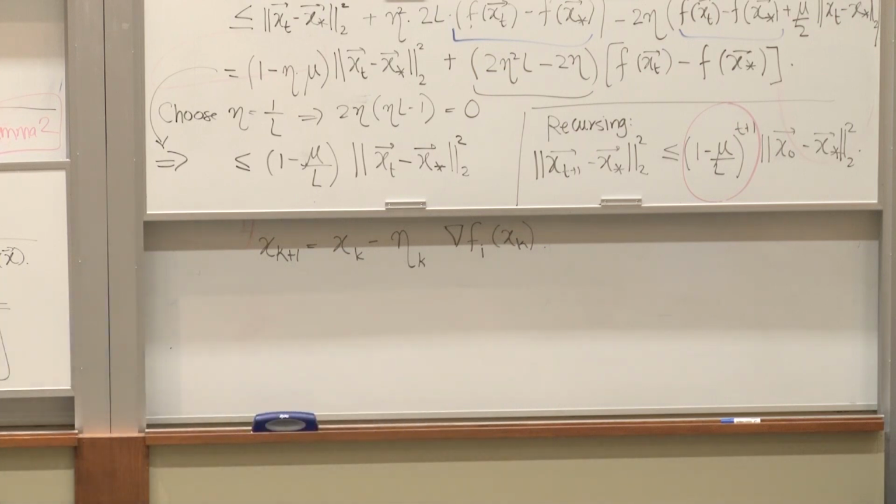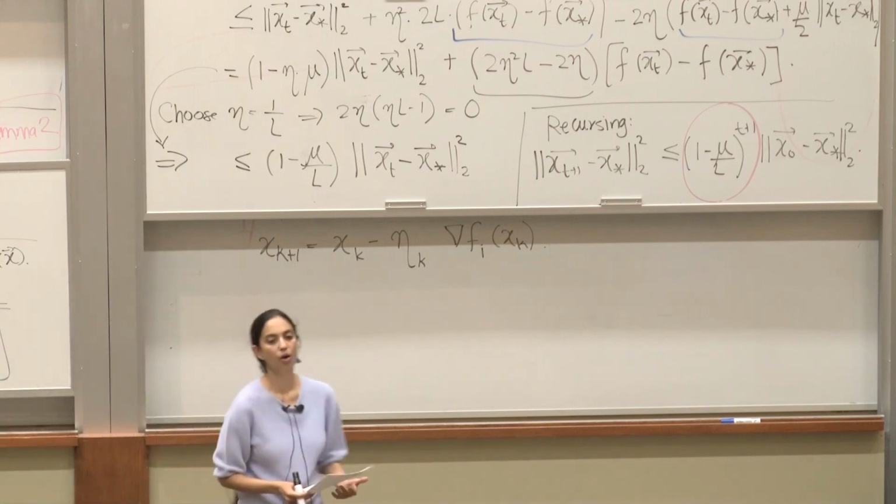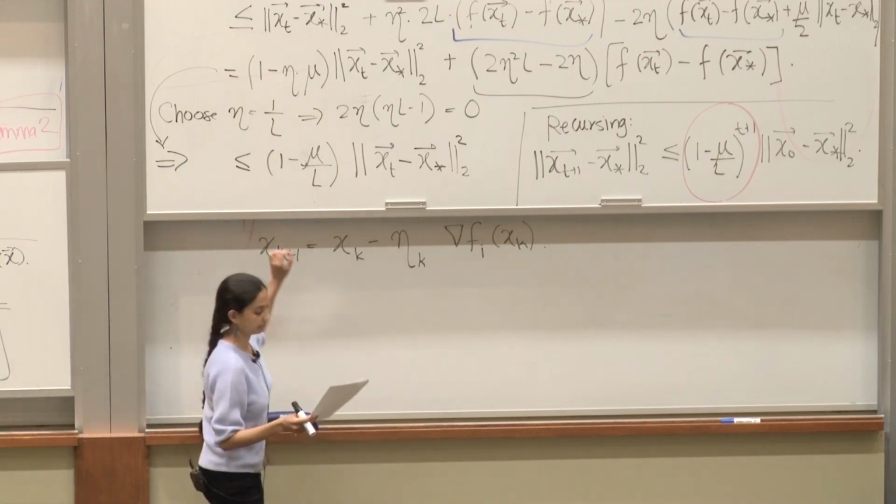So instead of looking at the gradient of all of f, let me just choose one component, one particular point. Let me just look at one particular row of least squares and look at the gradient of that. And can I make progress by doing this?